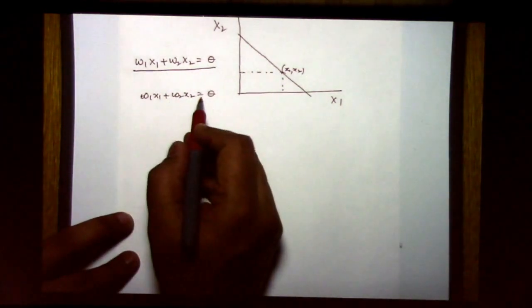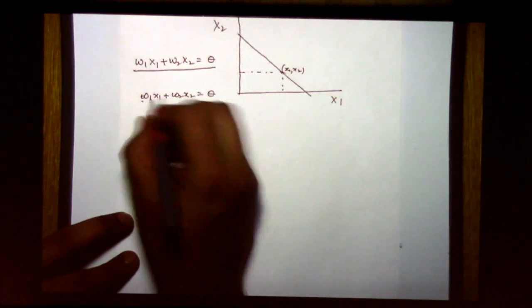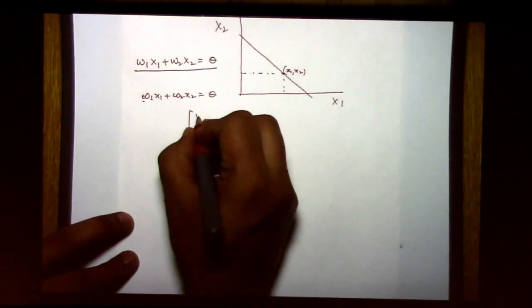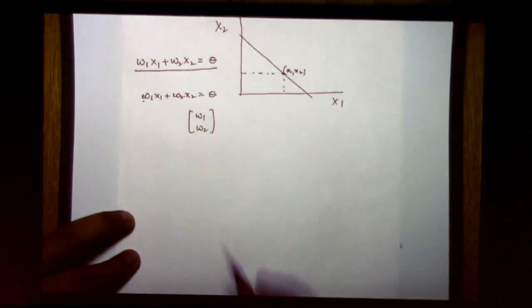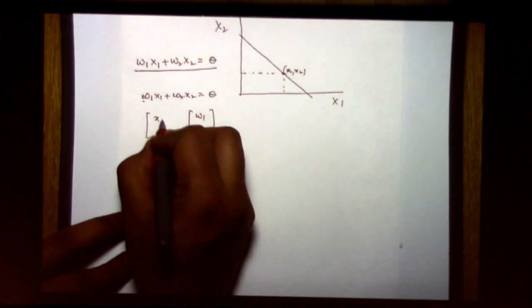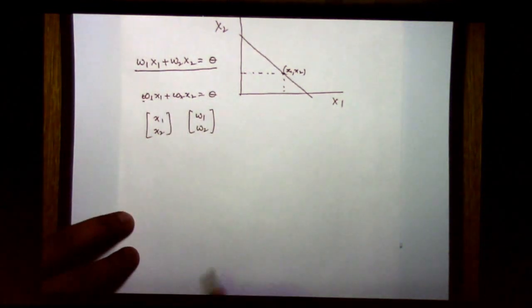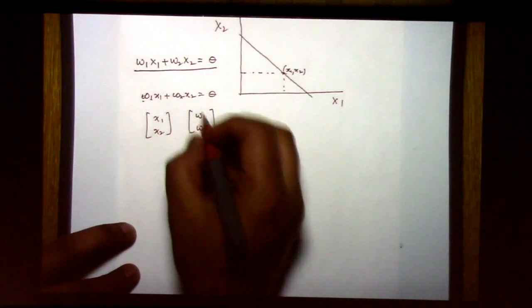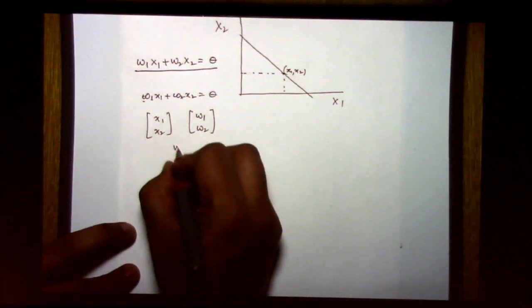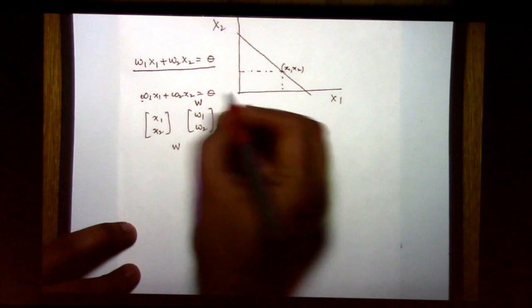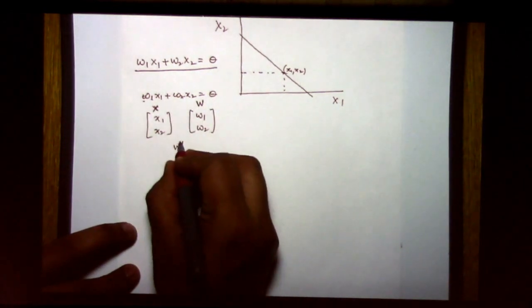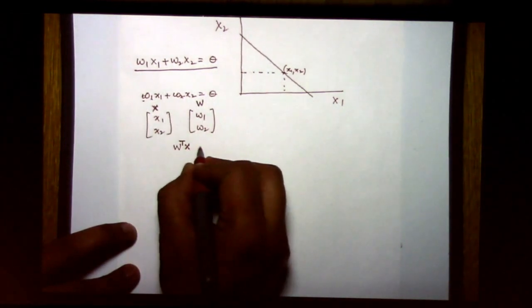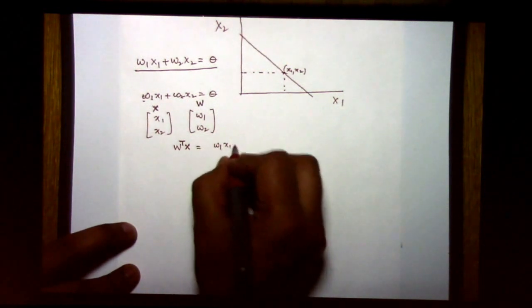So mathematically we also write it as, because you can think of this w1 and w2 as a vector, right? So w1 and w2, this is a two-dimensional vector. And x, this point, can also be treated as a vector, right? If I take a dot product, it means you multiply corresponding elements and add it up. Then it can mathematically be written as this. So if this is the W vector and this is the X vector, then W transpose X is the same as W1 X1 plus W2 X2.